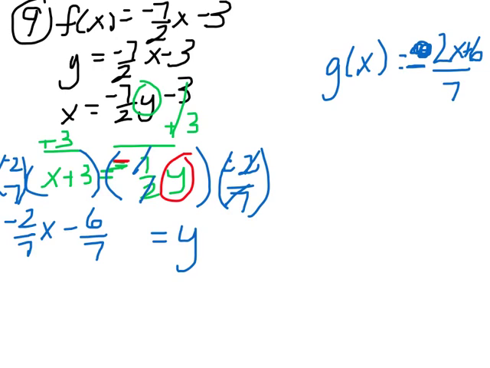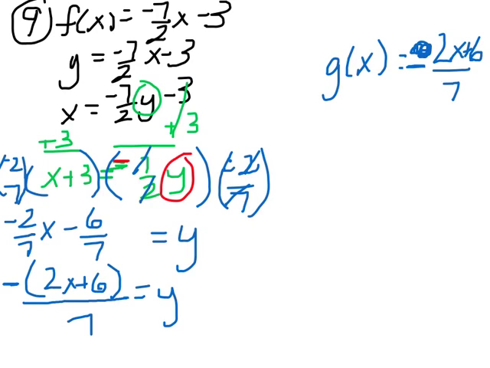It's like it's out front of the whole thing. They're applying that negative to everything, every term on the top. If they multiplied it out, it's not like it's negative 2x plus 6. It's a negative of the whole fraction. So if we took a negative out of ours, it would be 2x plus 6. And aren't those fractions have common denominators? We could just put the 7 on the bottom. Then doesn't it look like theirs?